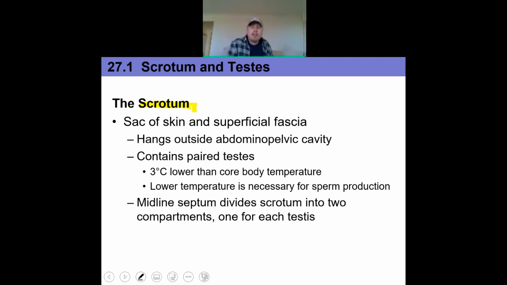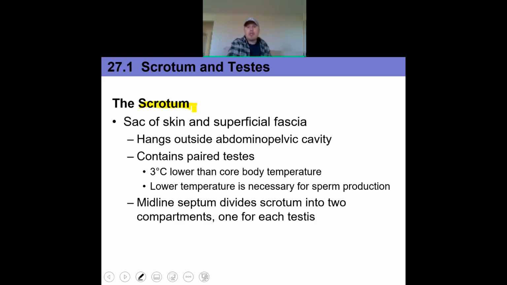Testes are located within the scrotum so that they're not in quite as warm an environment as the human's core temperature. So that provides a little bit cooler environment for the sperm to develop, which is optimal for sperm development. However, on a cold day or in cold water, the scrotum has an option to raise up, go closer to the body so that it doesn't cool off too much.